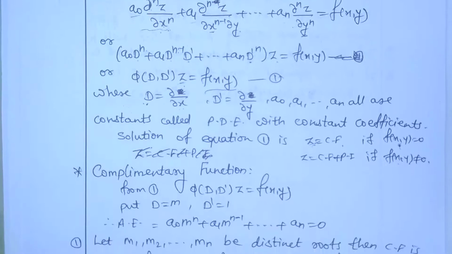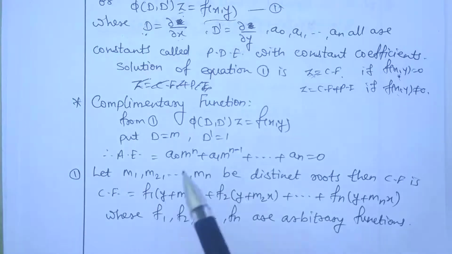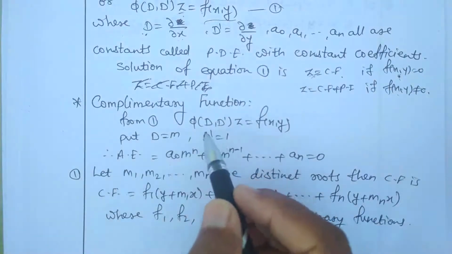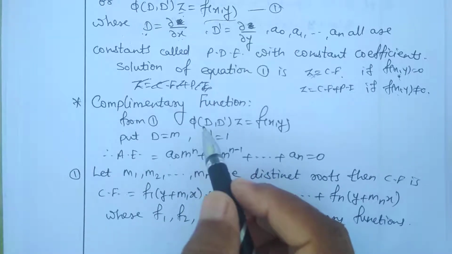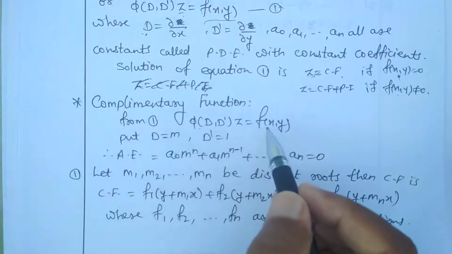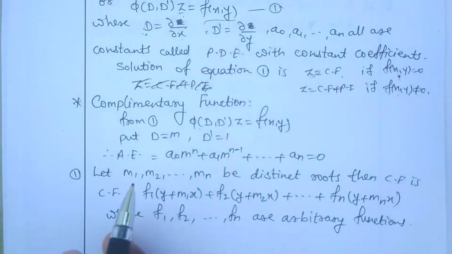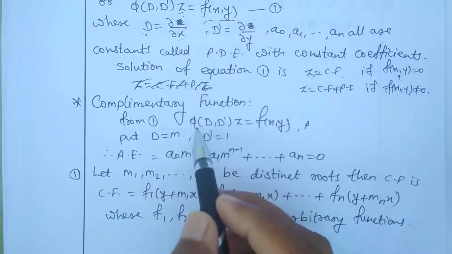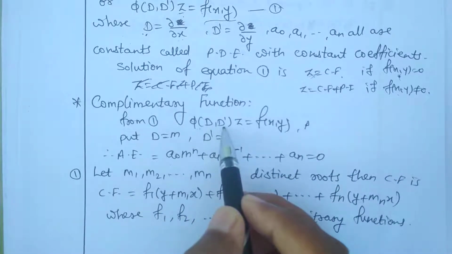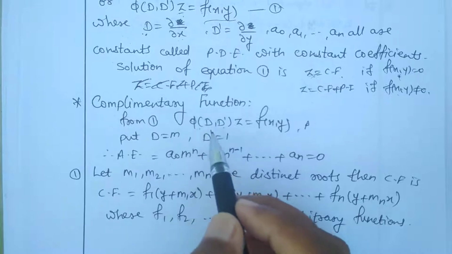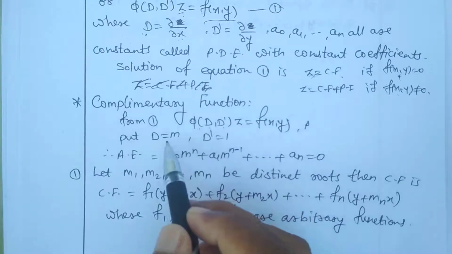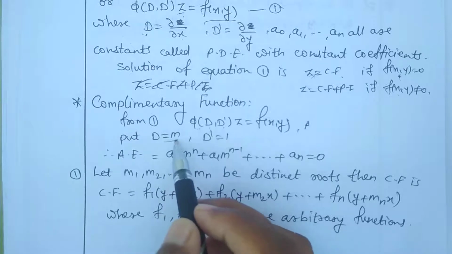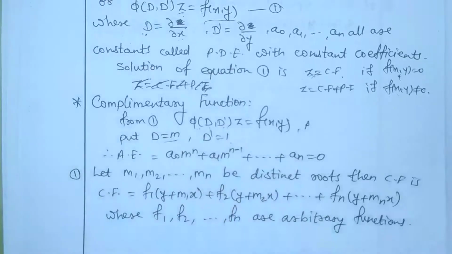Then how to find the complementary function? See the complementary function of this equation number 1. Equation number 1 is φ(D, D') z = f(x,y). Now what is the auxiliary equation? We have to write φ(D, D') = 0. For that we put capital D equal to small m and D dash equal to 1.